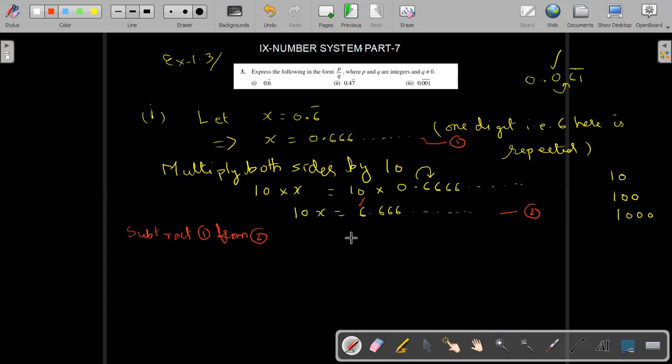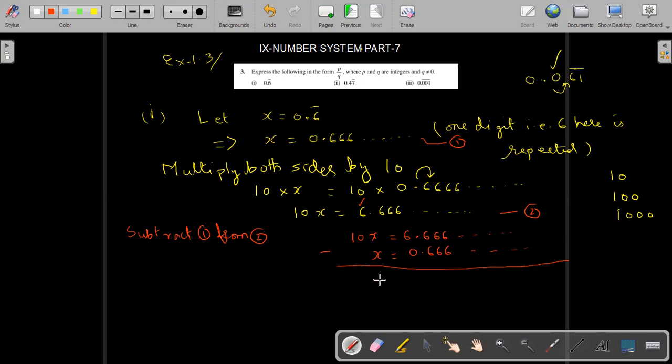First we write the second equation: 10x is equal to 6.666 and so on. The first equation is x is equal to 0.666 and so on. Now subtract.